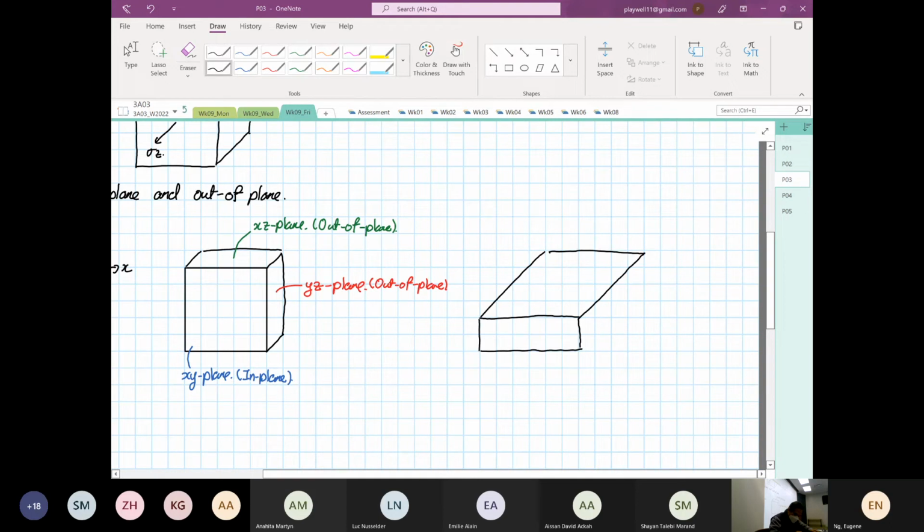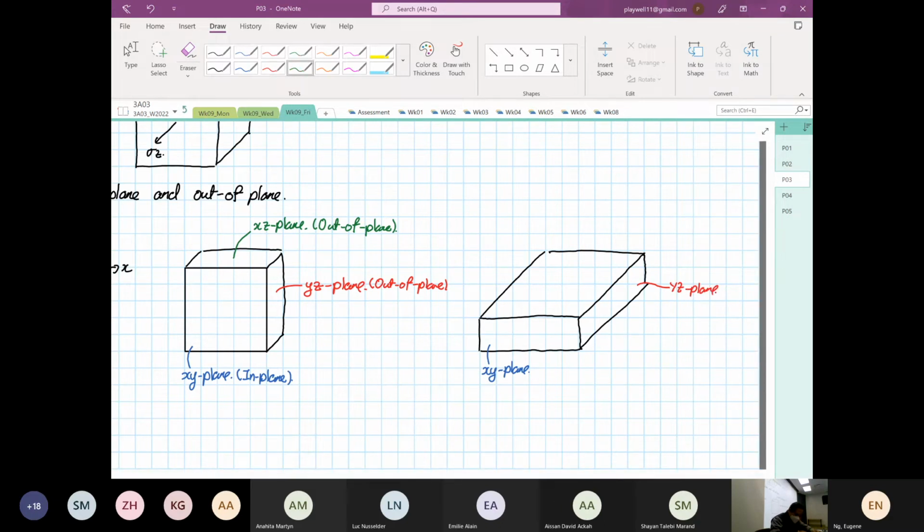So now the element is oriented this way. Okay, so now this is my, still the same, this is my XY plane. And then the next one, this is my YZ plane.